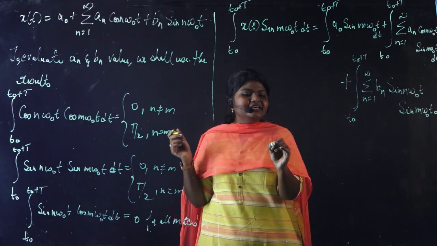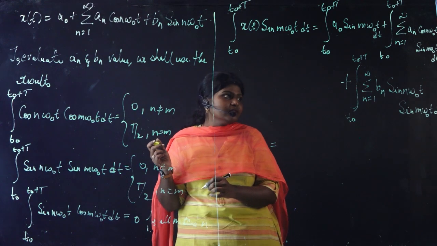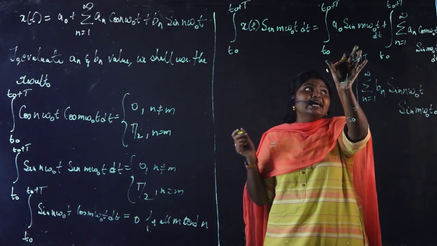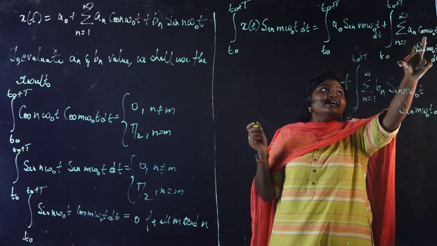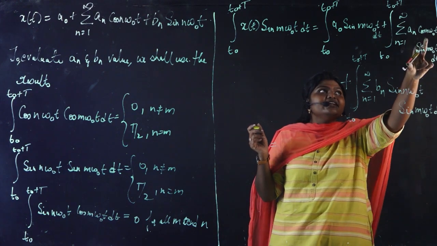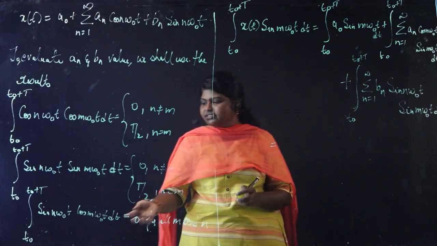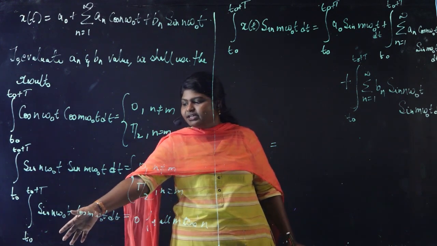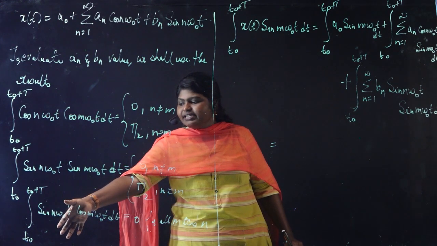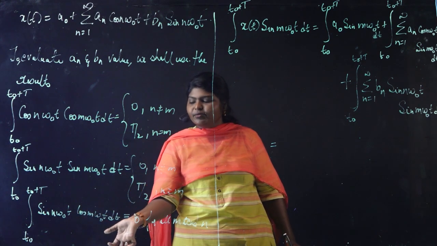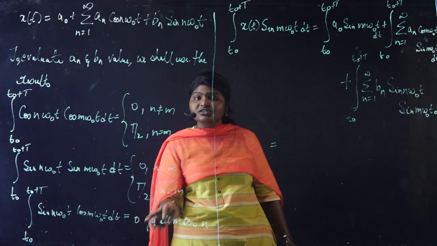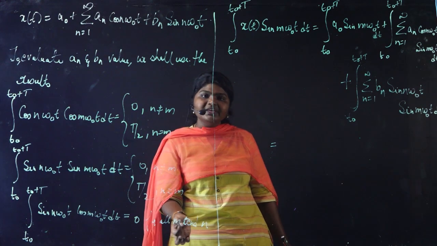So this term will be 0, and for the term with cos n omega naught t into sine m omega naught t, if you look at this result, the integral in a period of sine n omega naught t into cos m omega naught t dt equals 0 for all values of m and n.